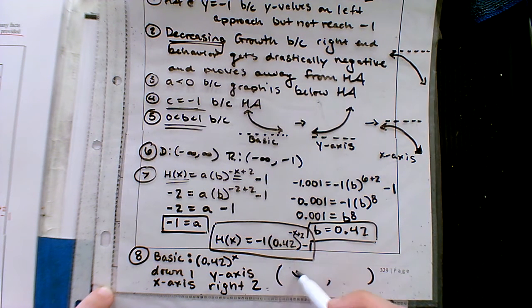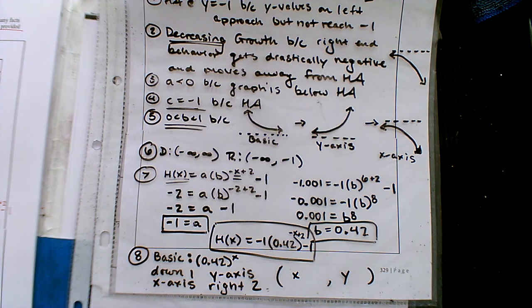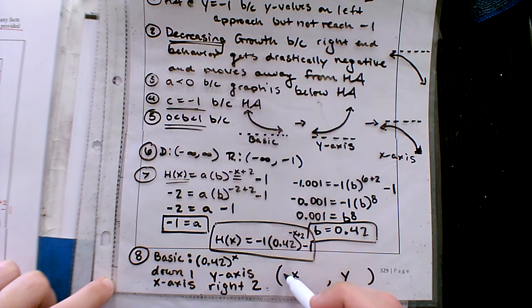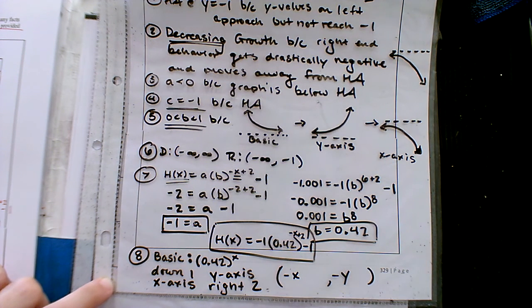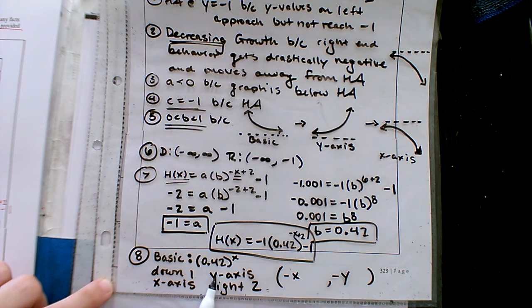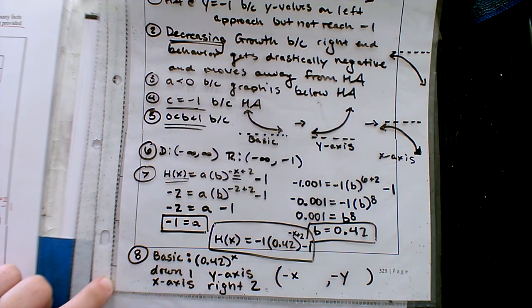Can we think about how these transformations affect a variable? What do you think, Lainey? Okay, because of the flips, looks good. X-axis flips the y, y-axis flips or negates the x.